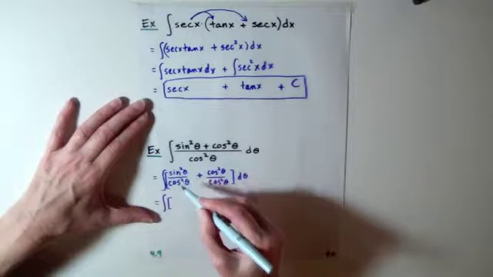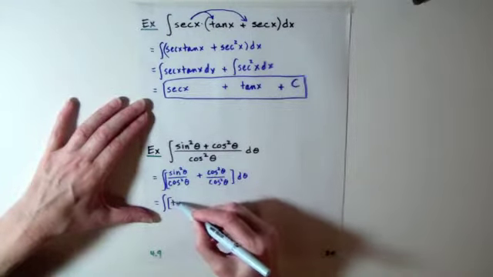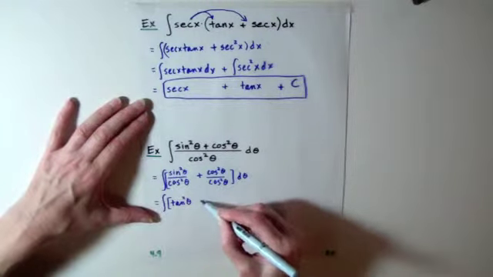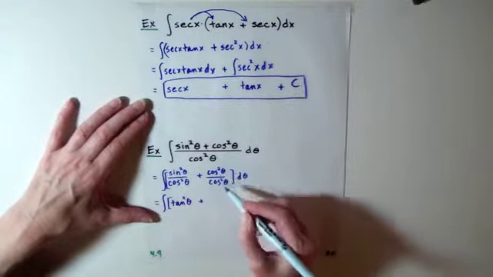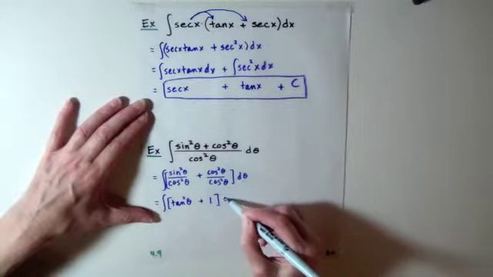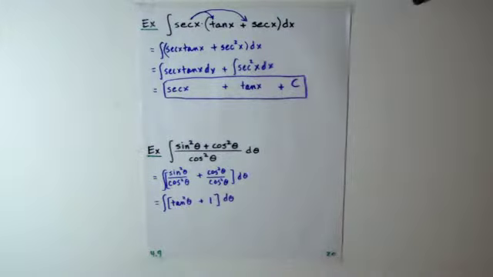I would end up with sine squared theta over cosine squared theta, which is the same as tangent squared theta, plus cosine squared theta over itself, which is equal to 1. And this is actually a little bit tricky.